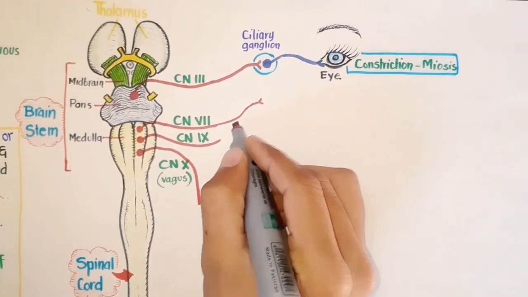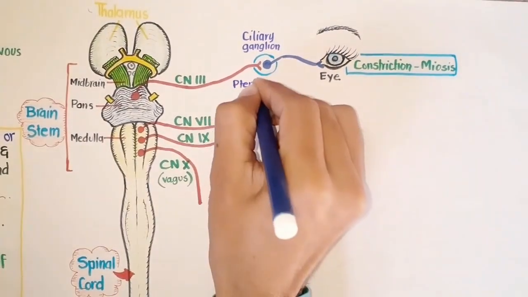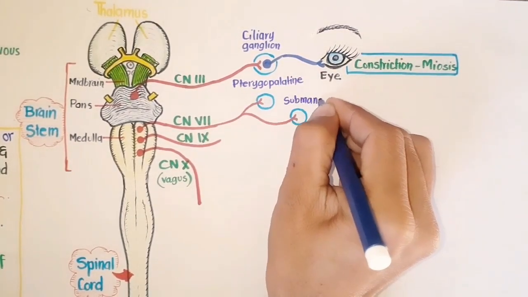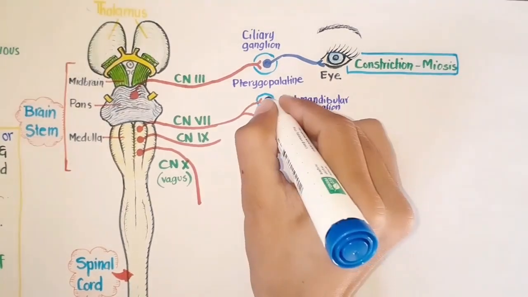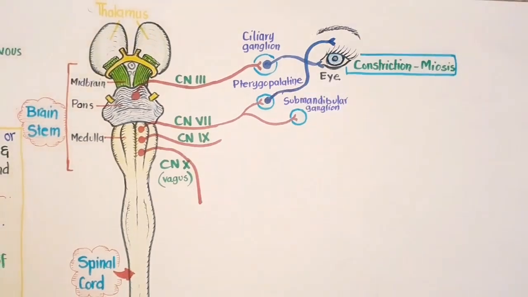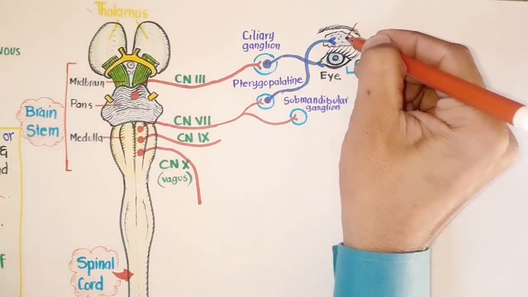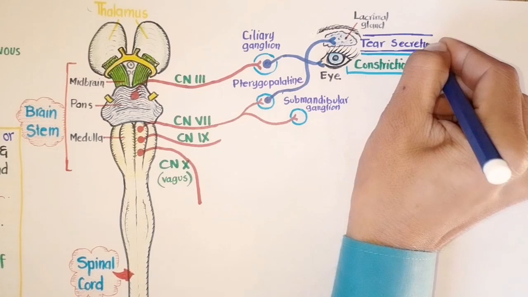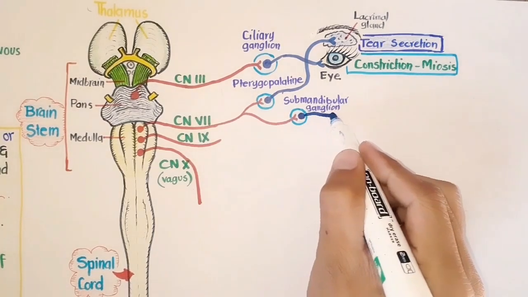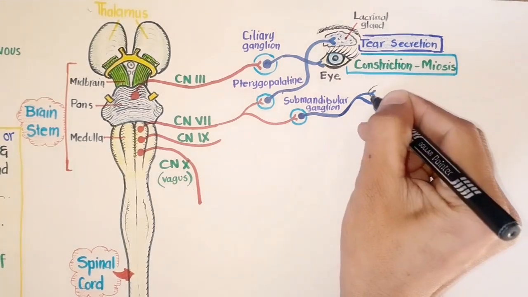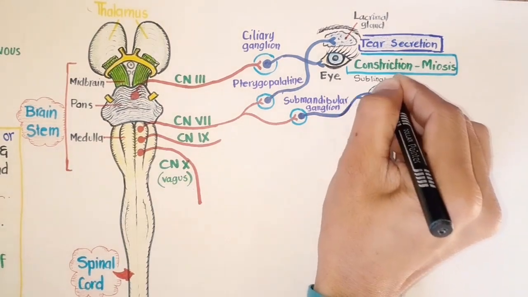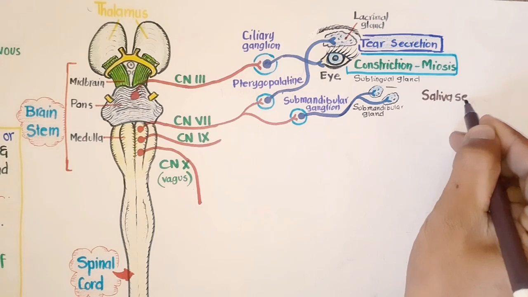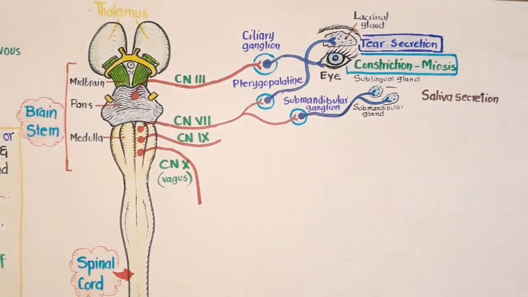The fibers of facial or cranial nerve 7 end in the pterygopalatine ganglion and submandibular ganglia. Postganglionic fibers from the pterygopalatine ganglion supply the lacrimal gland, and the parasympathetic stimulation causes an increase in tear secretion, while the postganglionic fibers from the submandibular ganglion supply the sublingual and submandibular glands, and this causes an increase in the saliva secretion by these glands.